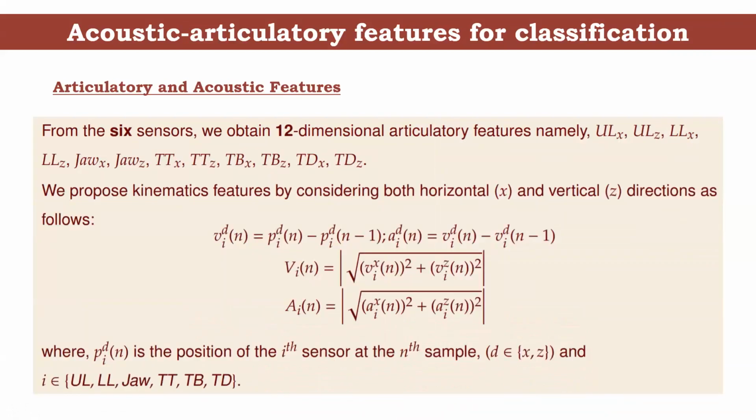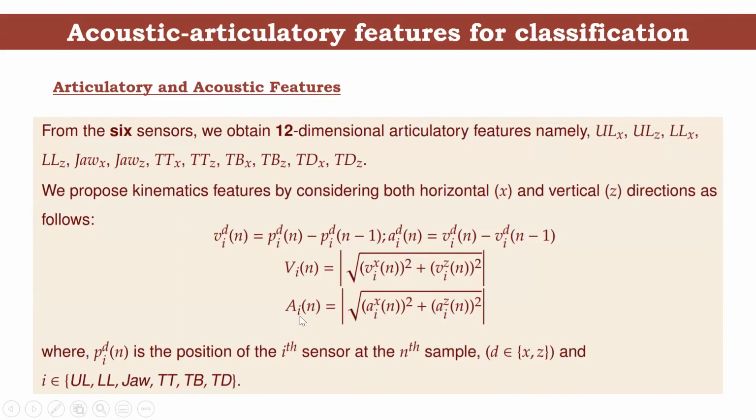Then we came up with a few of these features. These are some of the articulatory features. So we have 6 sensors and a 12-dimensional articulatory feature. We just take X and Z, meaning we don't take motion in the direction perpendicular to the mid-sagittal plane, because we typically don't move our tongue in that direction. So you take all the motion in the mid-sagittal plane and create velocity and acceleration features.